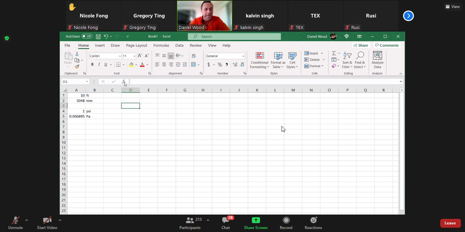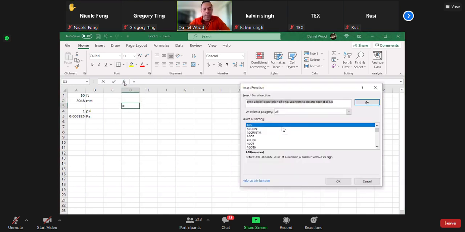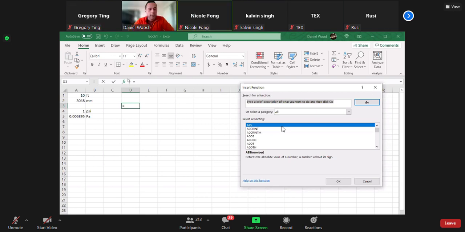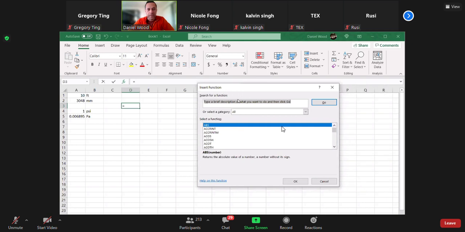No worries. So here, if you've got Excel up and going, you'll be able to see the insert function icon just above the equation bar, yeah? When you click on that, you'll have this GUI that pops up, the insert function GUI.